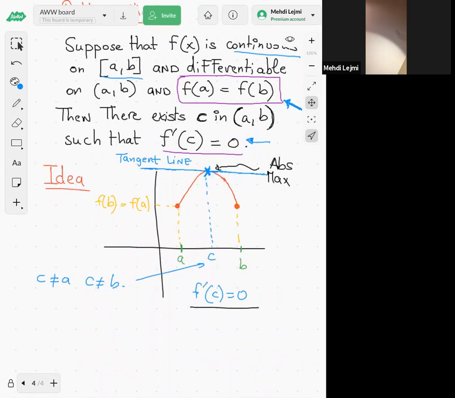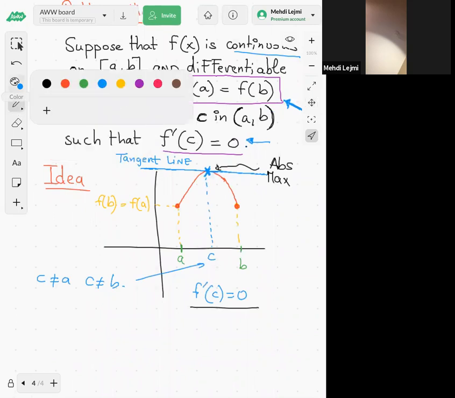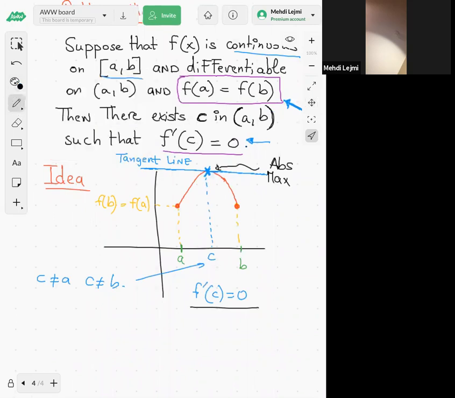When you have an absolute minimum or absolute maximum, the tangent line would be a horizontal line, and the slope of horizontal lines is 0.